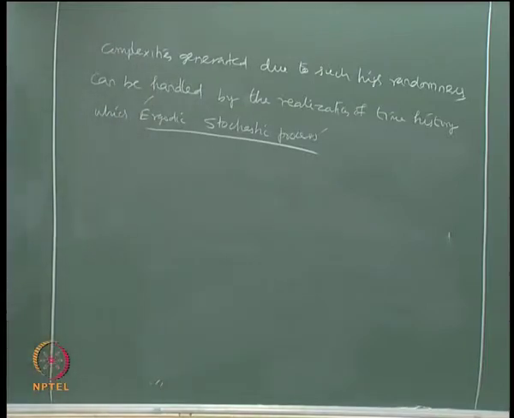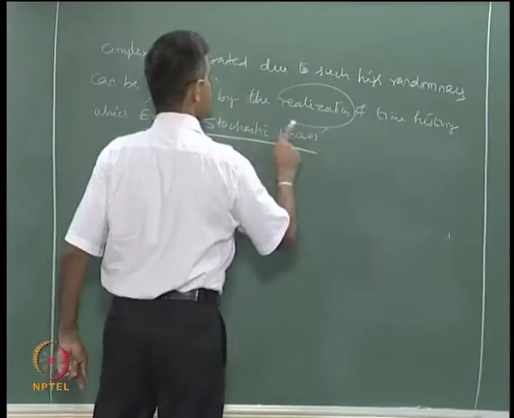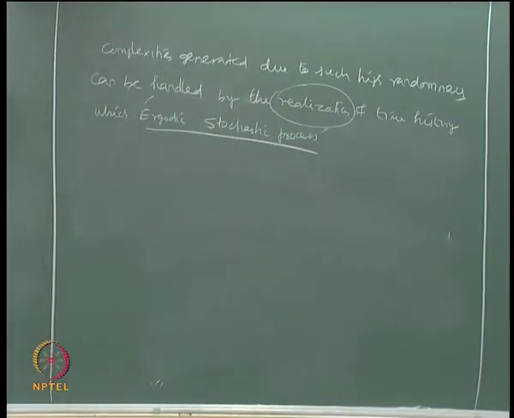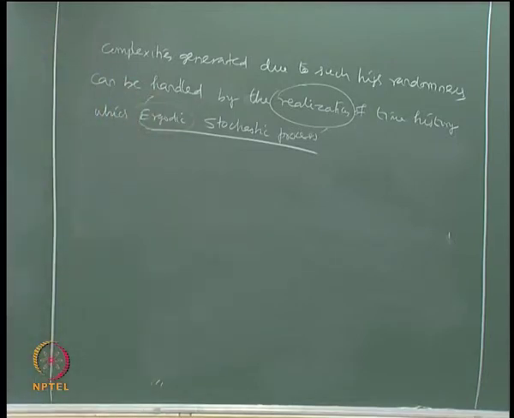Now there are two keywords here. What do you mean by realization? And then of course, what do you mean by ergodic? Stochastic I will anyway link to the randomness later.